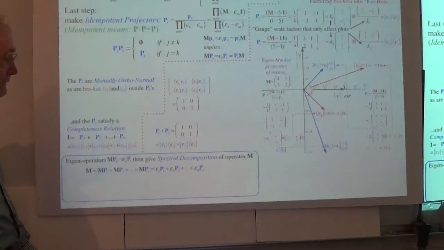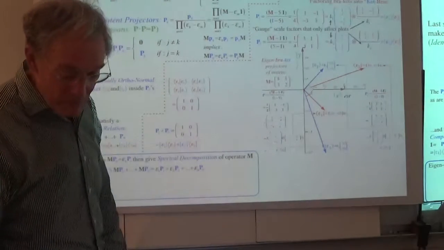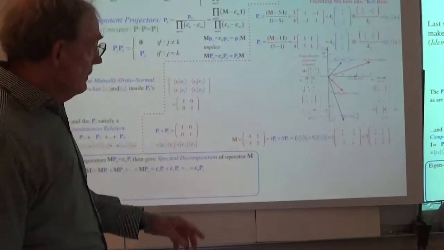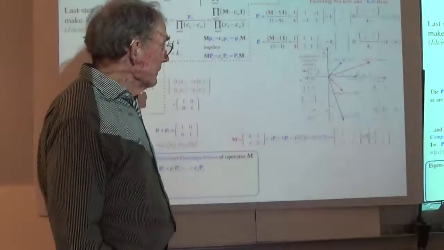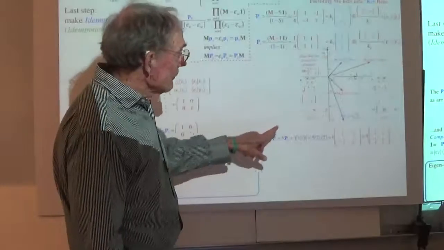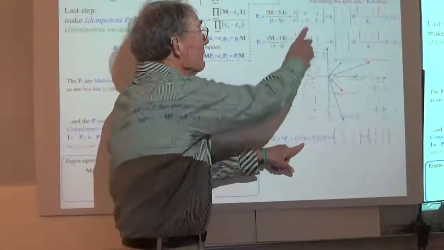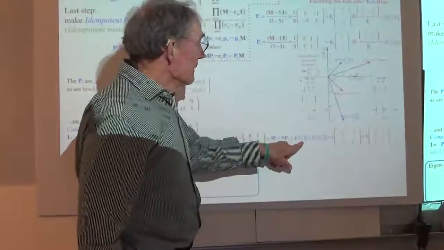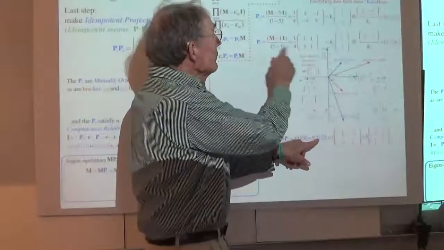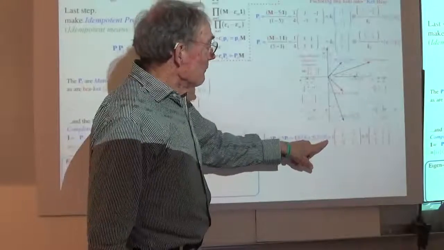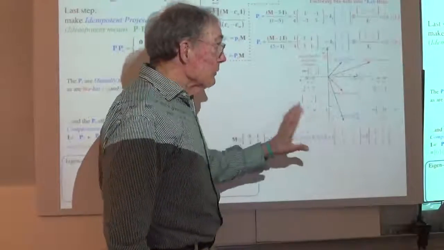Wow, that's cool. And basically, you can see that happening right here. This matrix is the sum of 1 times the product up here, which is P1, and then 5 times this P2, appropriately normalized.